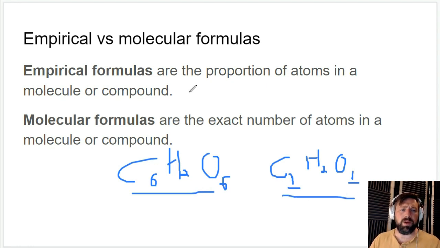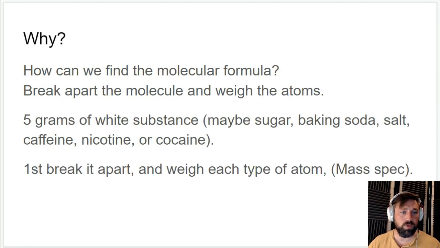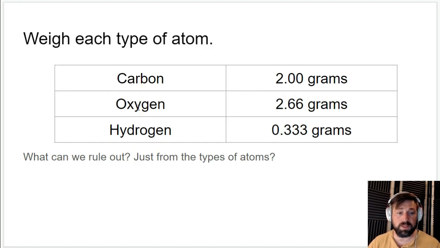Why do we even care about an empirical formula? Well, like I said, this is how, using something like a mass spectrometer, we can actually determine how much of each element is in a certain compound. In doing that, we can determine what type of atom or what type of molecule this actually is.